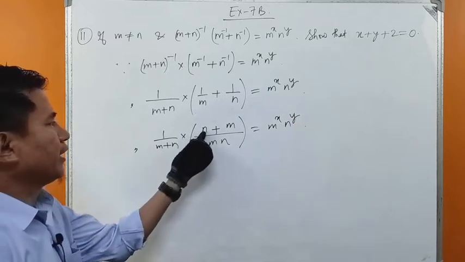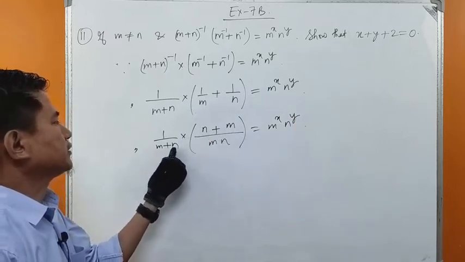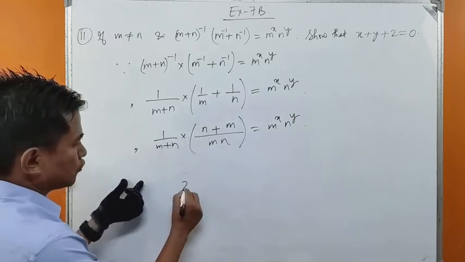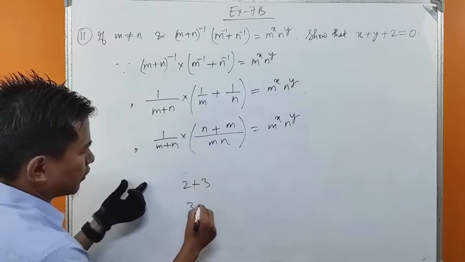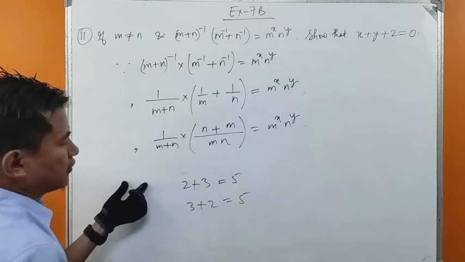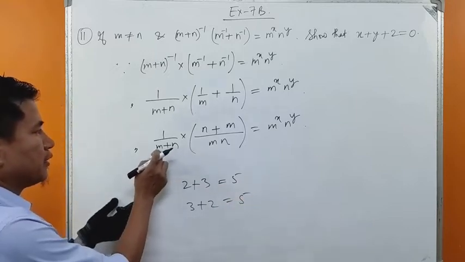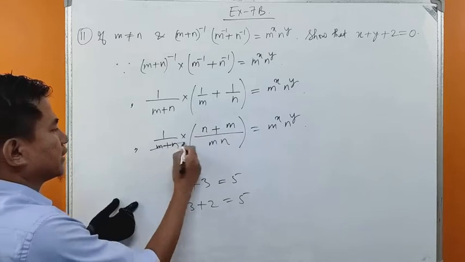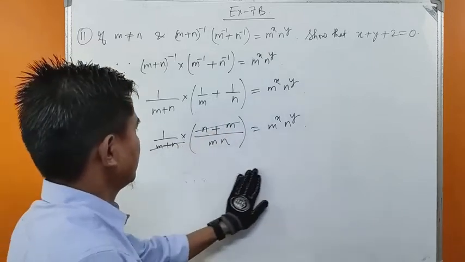So here we have n plus m, here also m plus n, the same thing, 2 plus 3 and 3 plus 2, both are equal, isn't it? 5. So n plus m is the same thing, we cancel these two, okay.